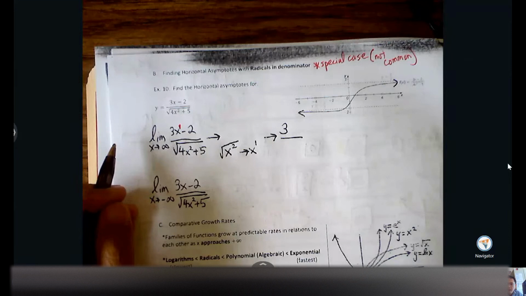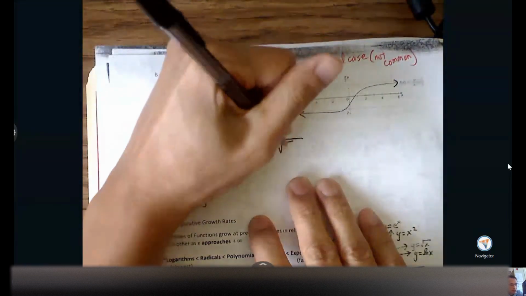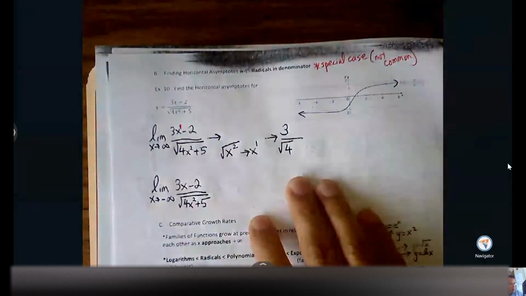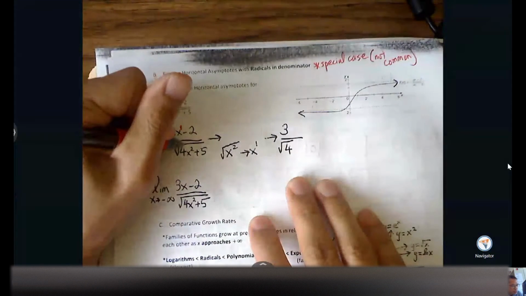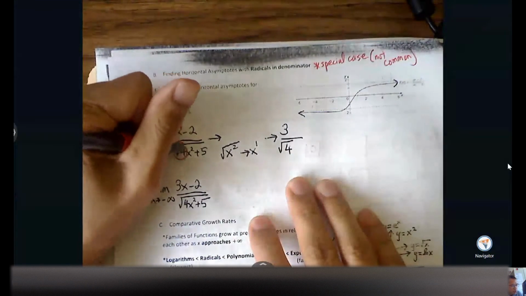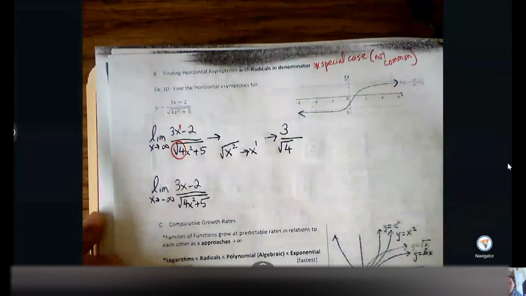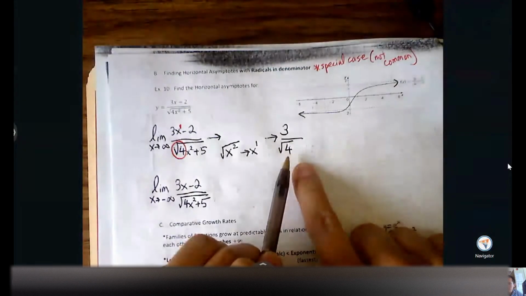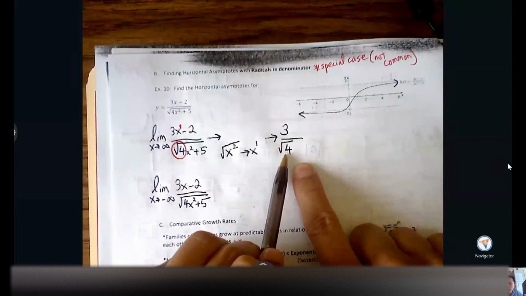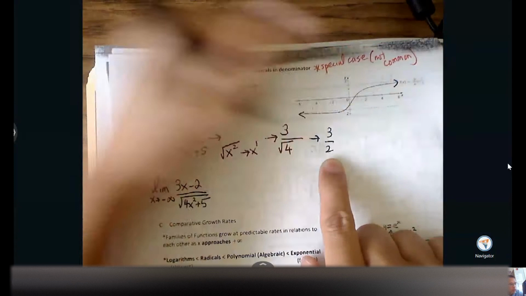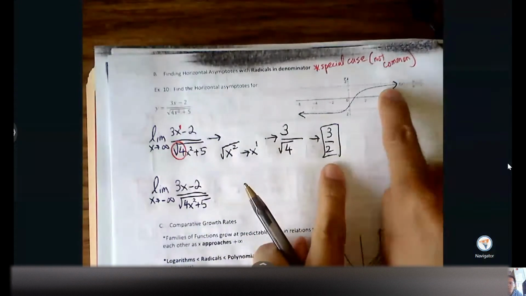Is it 2? Yep, that's right. This 4 is inside the square root, so we have to take that into account when we build our coefficient. Root 4, the principal value of a square root is always positive. So this is 3/2. As we move to the right, our horizontal asymptote is going to be 3/2.